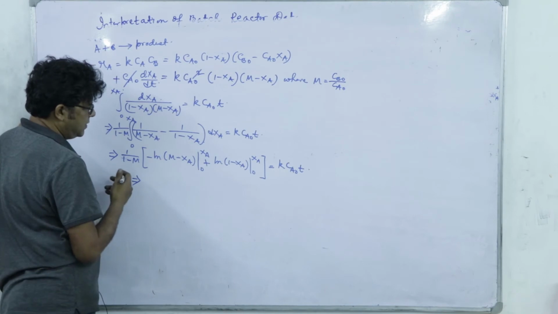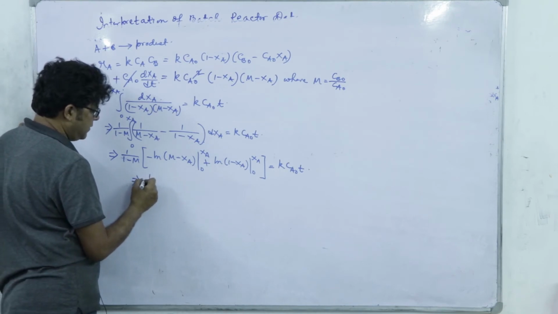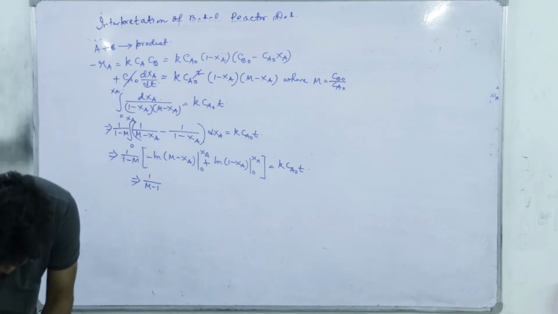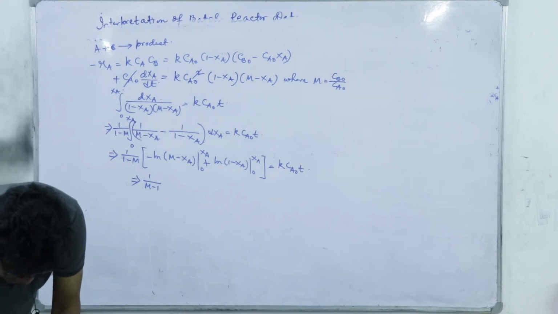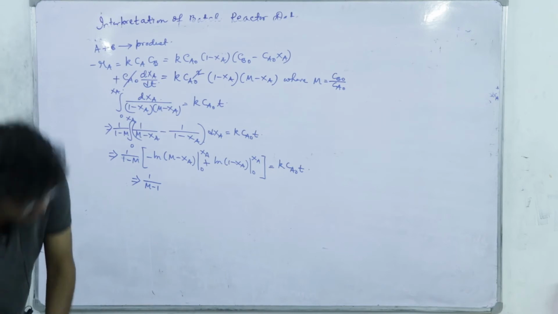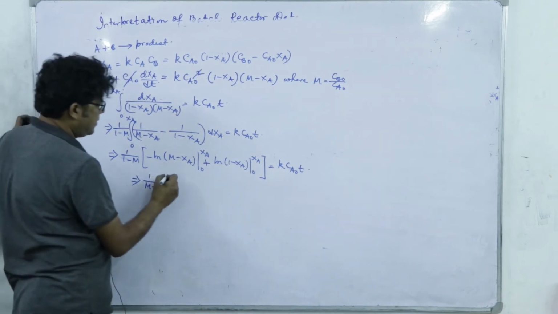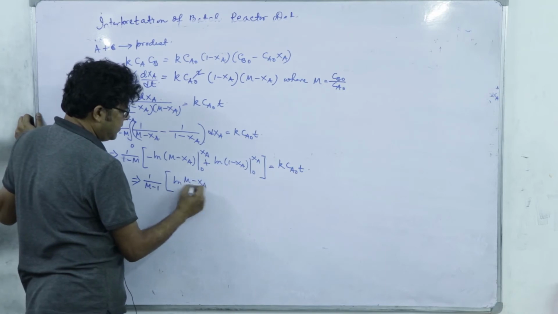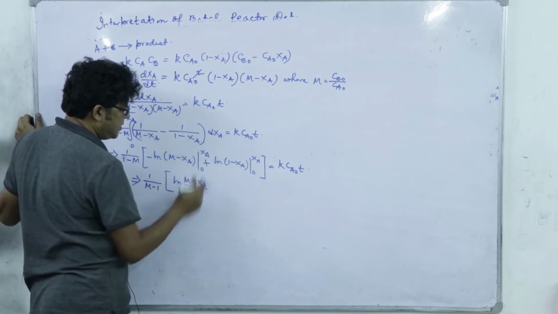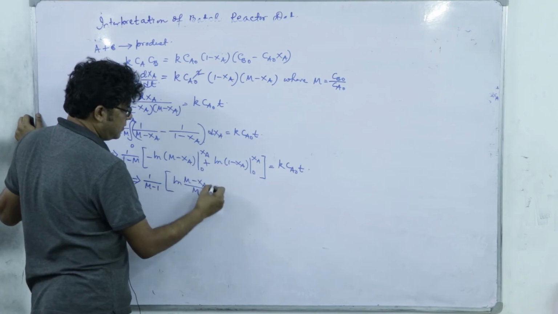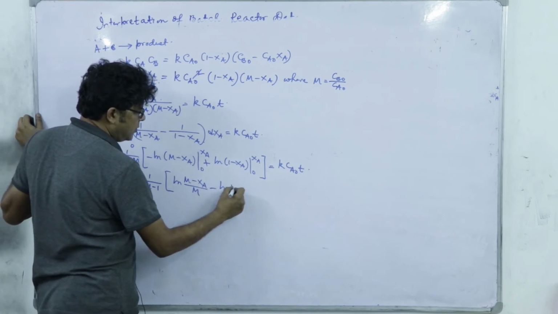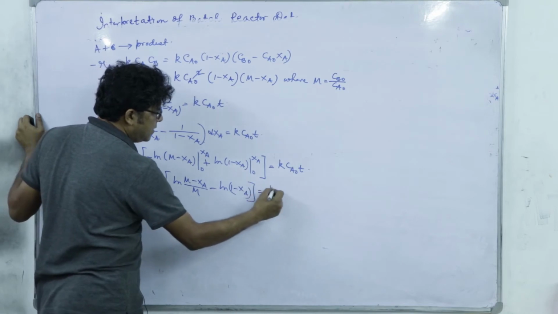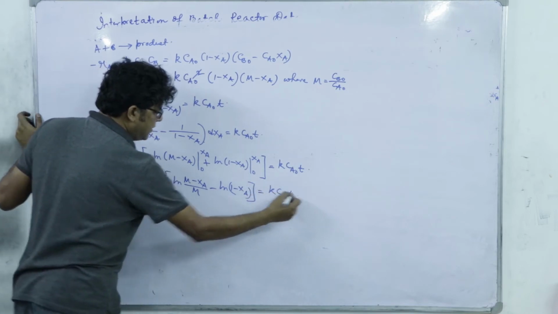So, if I take this minus common, so 1 divided by M minus 1 into ln M minus Xa upper limit, lower limit M, right, because Xa is 0, and minus 1 minus Xa, the lower limit is 0 because it is ln 1, equal to k Ca naught t.